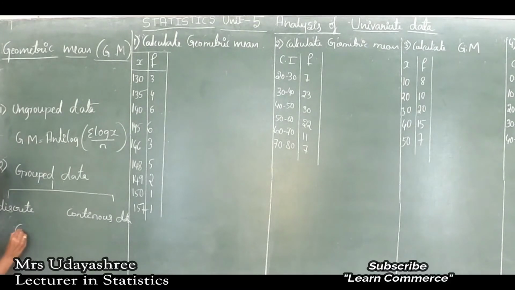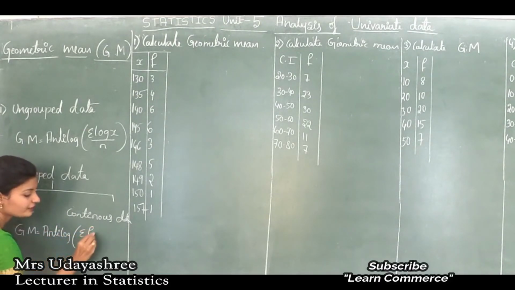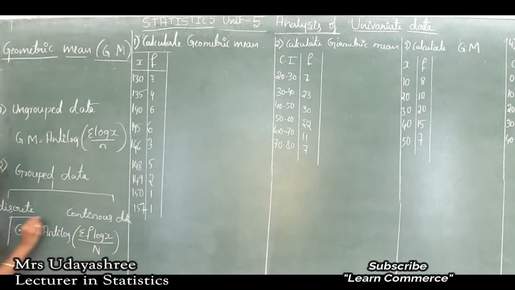That formula is geometric mean is equal to anti-log of summation f into log x divided by capital N.